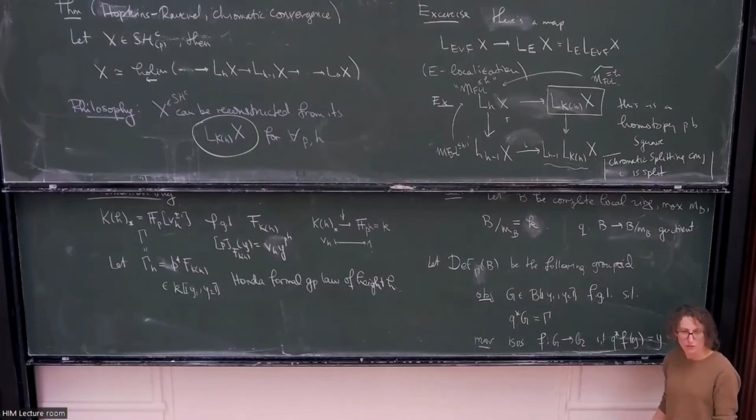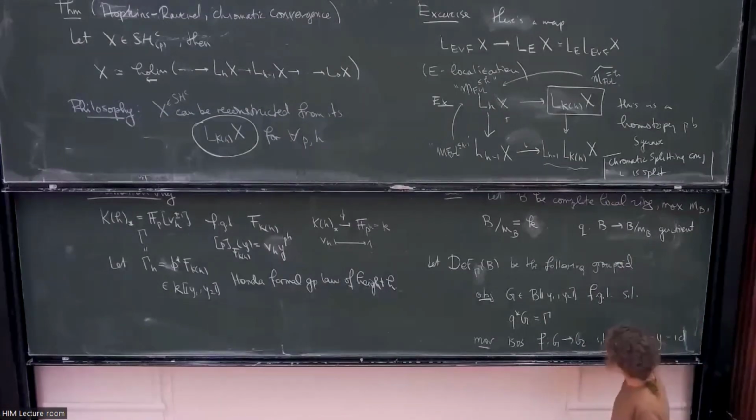So there are isomorphisms that look like the identity modulo the maximal ideal. So this is a groupoid, and next time we're going to talk about that groupoid and some general theory about it. Okay? That's all I have time for today.